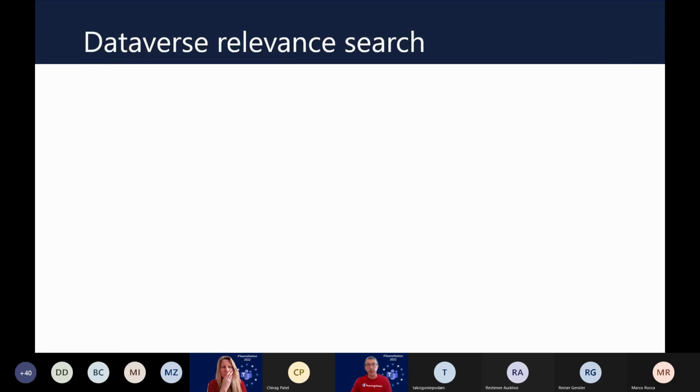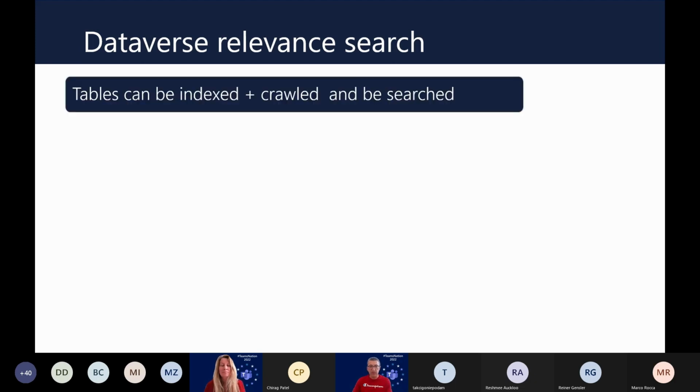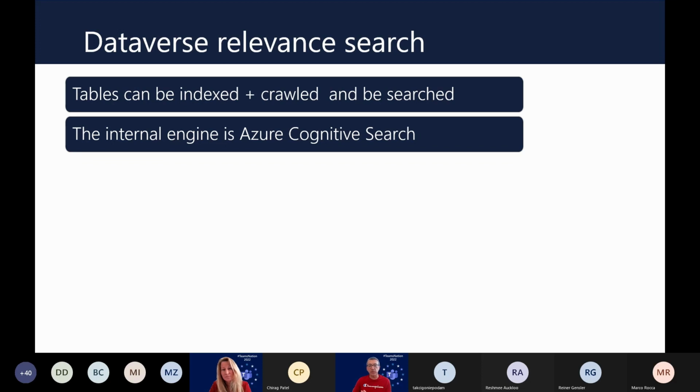Also, one of my favorite features is the search, because when you create an application, you expect users to be able to search for data and documents. So in Dataverse, your tables can be indexed, crawled, and they can be searched, because there is a search engine that Dataverse interacts with, which is Azure Cognitive Search, that you can use without having to deal with Dataverse, of course, in your own custom application if you want.